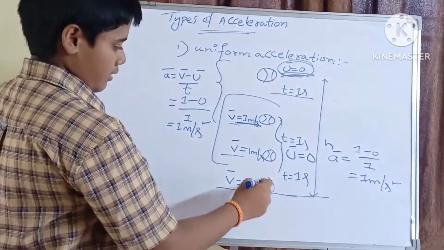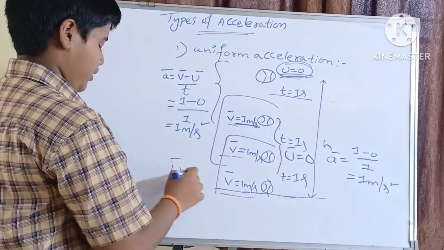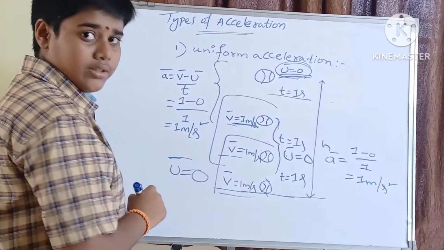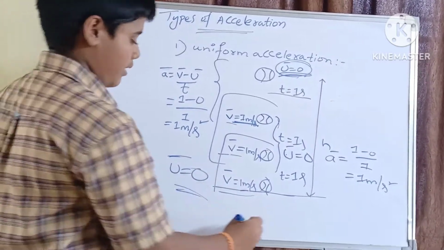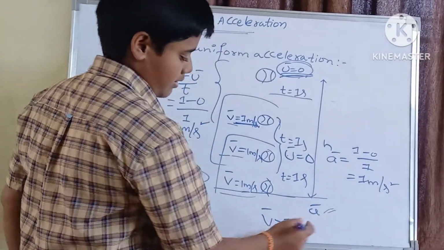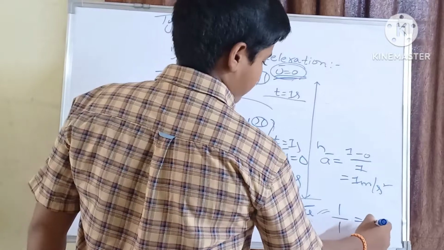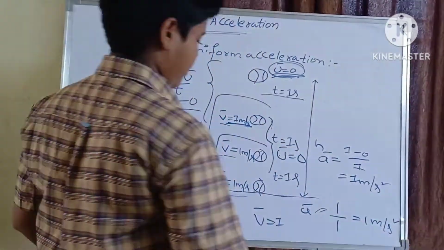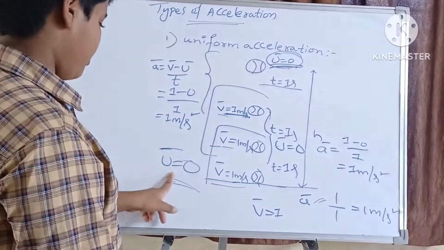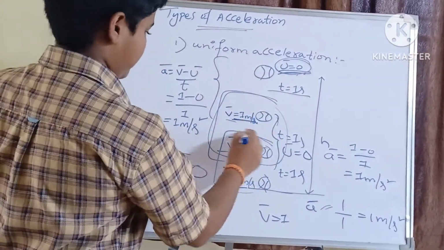For these cases we take initial velocity 0 and final velocity 1, so acceleration is 1 minus 0 by 1, which is 1 meter per second square.